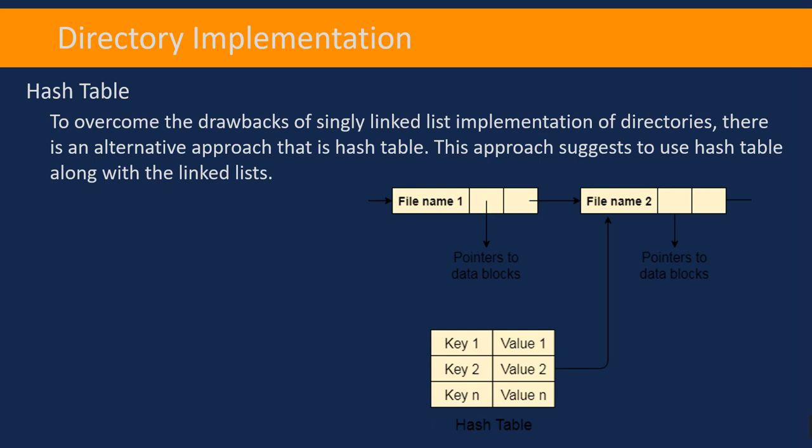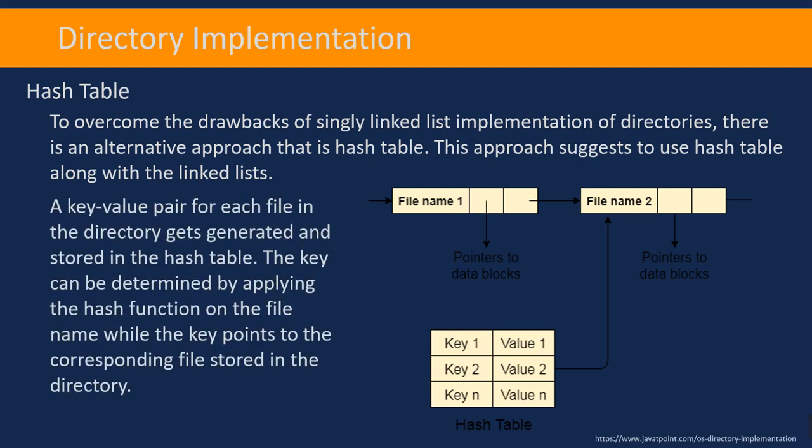But with a hash table, you can already add in the middle and you can remove in the middle. So a key value pair for each file in the directory gets generated and stored in the hash table. The key can be determined by applying the hash function on the file name, while the key points to the corresponding file stored in the directory.